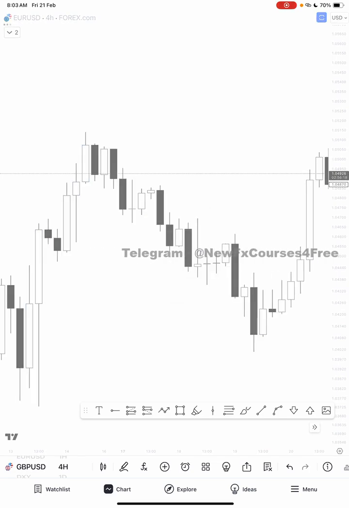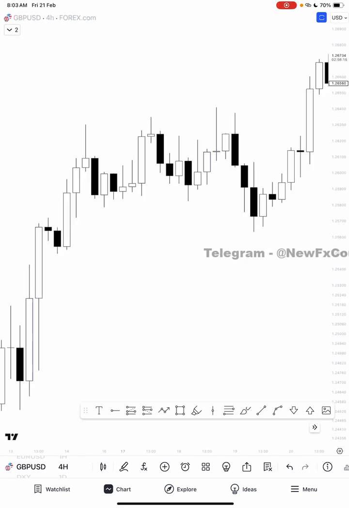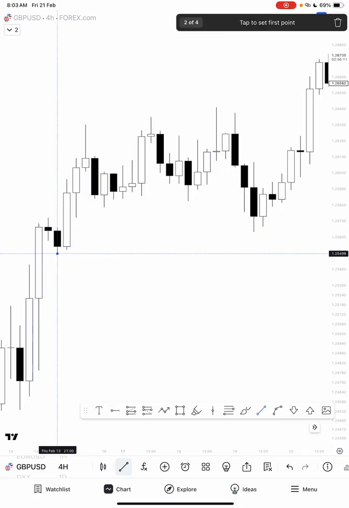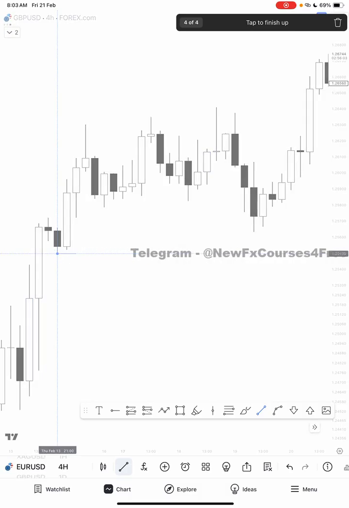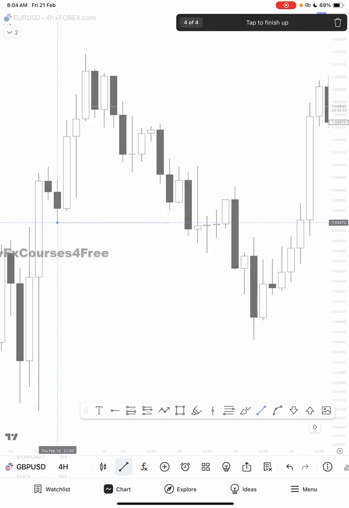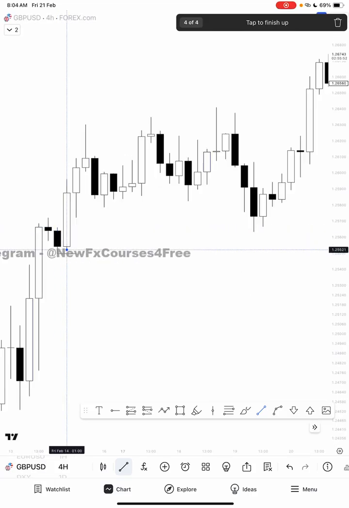Let me start with GBP/USD. So this low was actually swept by EUR/USD. This low. Let me show you the low. This low was swept by EUR/USD, but GBP/USD did not actually sweep this low here.